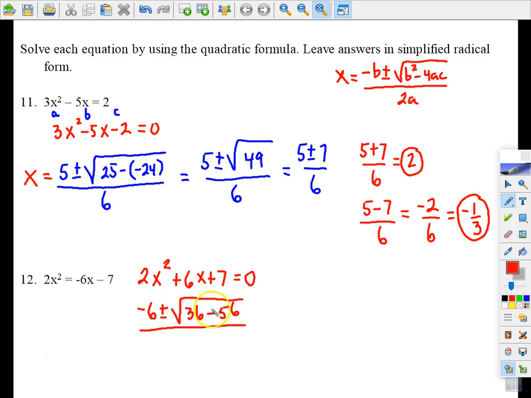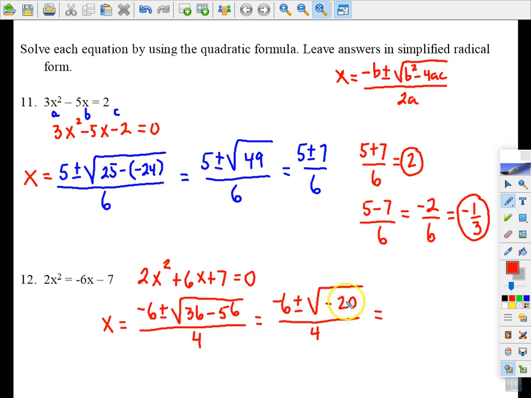And all of that will go over 2 times a, 2 times 2, which is 4. Okay, now let's work on simplifying the radical. Negative 6 plus minus, and underneath the radical that will be negative 20. So we got the square root of negative 20 all over 4.